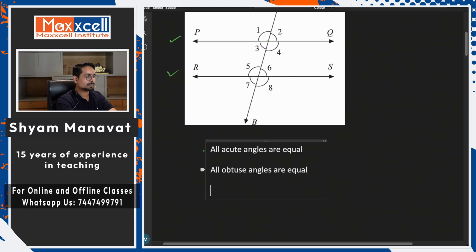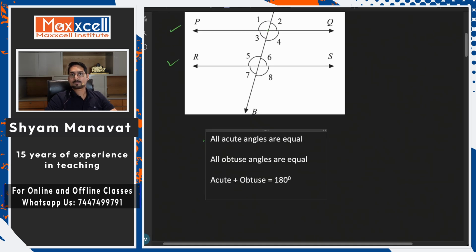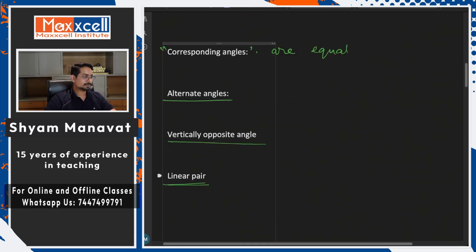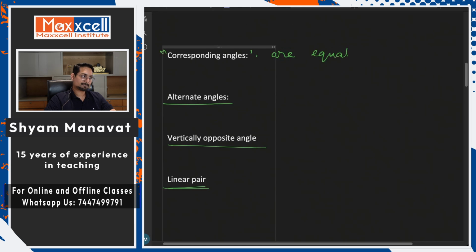Right? और किसी का भी कोई सा भी होने दो, whichever acute angle you take in this entire system, no matter whichever you pick up, any acute angle plus any obtuse angle is equal to 180 degree. Keep in mind, that's equal to what? 180 degree. Degree है ये, degree.